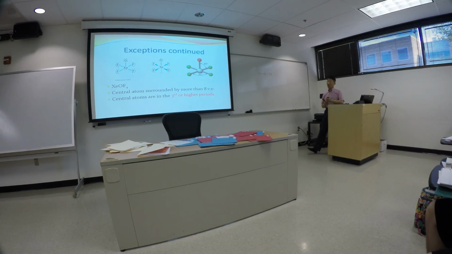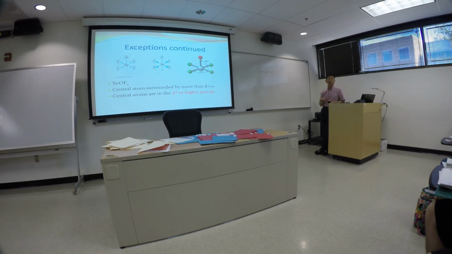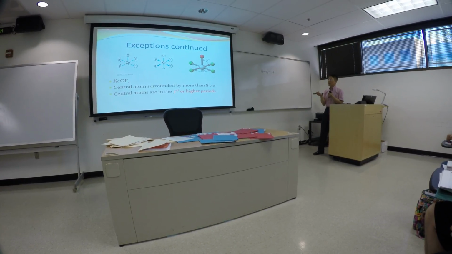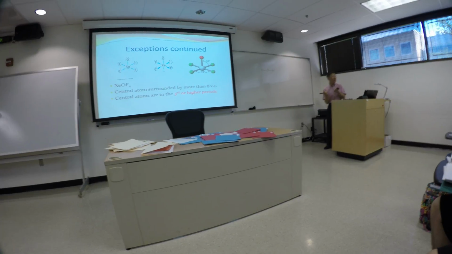Well, here xenon actually reacts with fluorine and oxygen and forms this compound. If you count the total number of valence electrons on the central atom xenon here, you see there are 6 pairs of electrons. 6 pairs means 12 electrons. So this element can actually have more than 8.